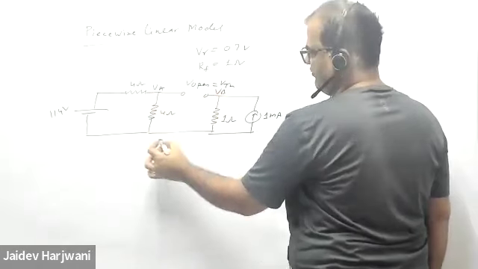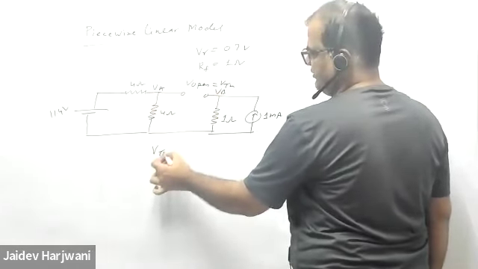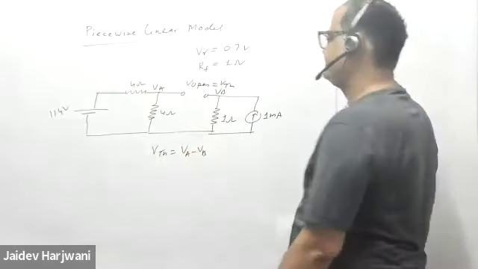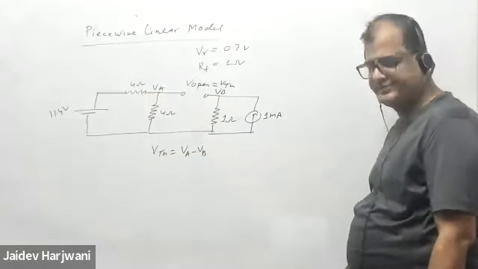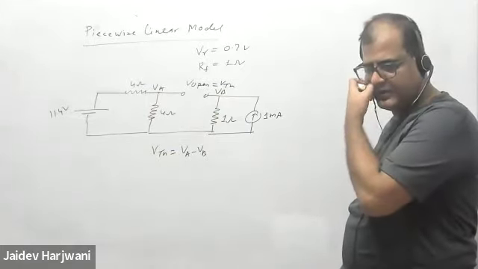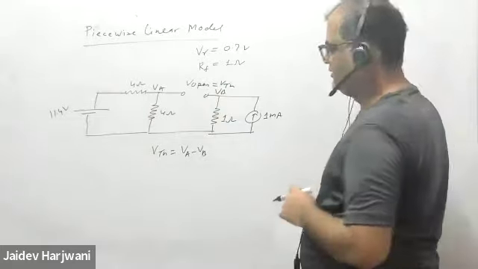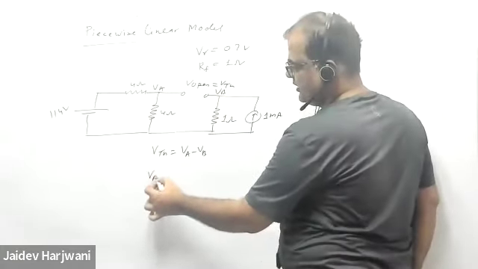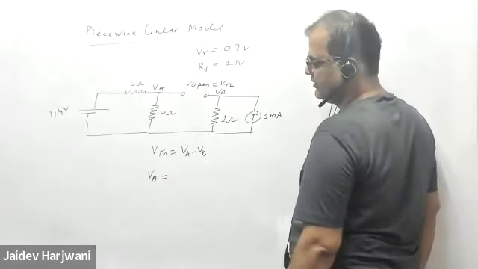So VThevenin will be VA minus VB. Find out, what is VA minus VB? What is the value of VA? Can anyone tell me the value of VA?